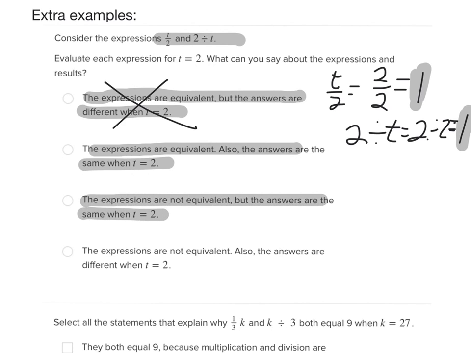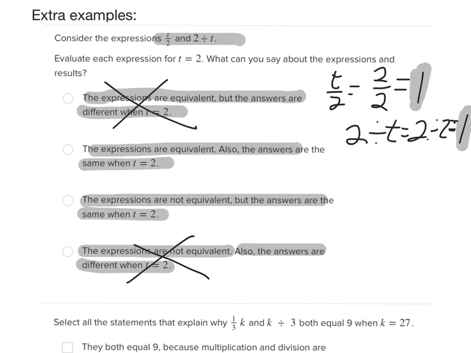Well, and the last choice is the expressions are not equivalent, also the answers are different when t equals 2. So that's not it, because the answers were the same when t equals 2. So how are we going to decide if these things really are equivalent or not? So I think I want to try another value. I'm going to try 4.